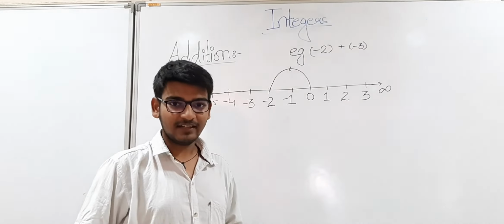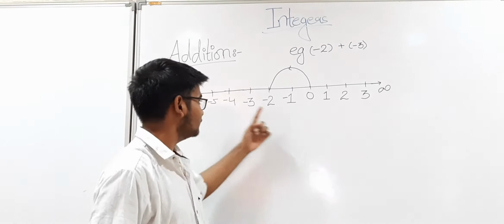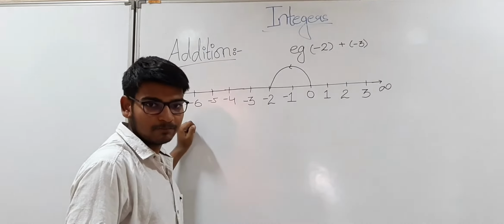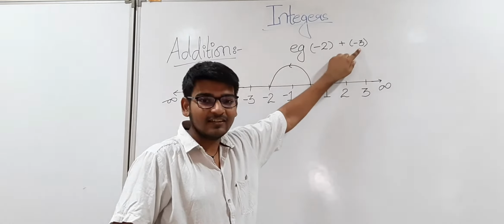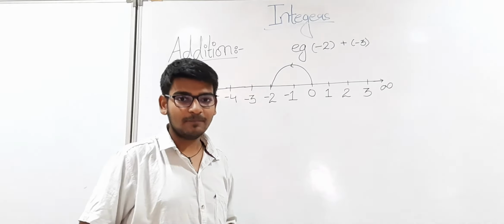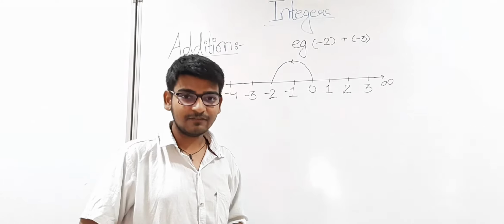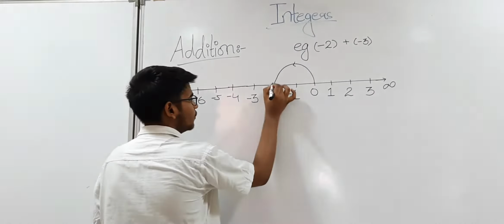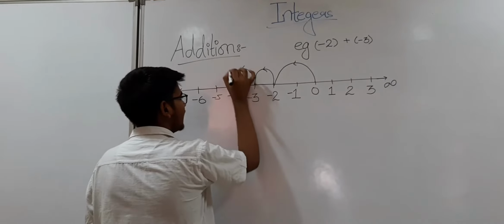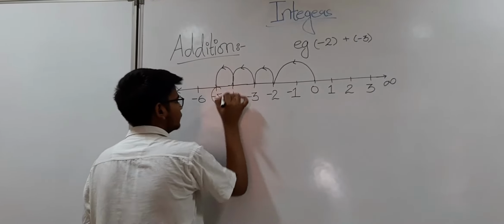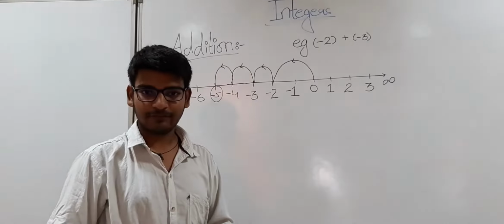Since the number is negative, we will jump towards the left hand side, and the numerical value of minus 3 is 3, so we will jump 3 steps towards the negative side. So 1 step, 2 step and 3 step. So our answer will be minus 5.